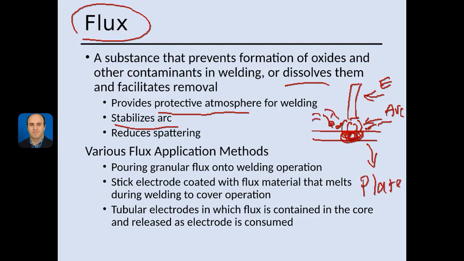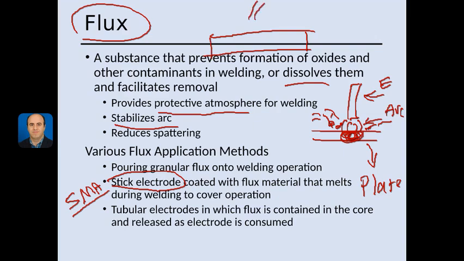The flux can be used in different forms. In the stick welding process, or shielded metal arc welding, or they call it the SMAW process, we have an electrode. This is the plate, and then we have the electrode.